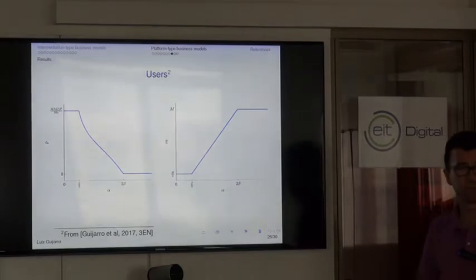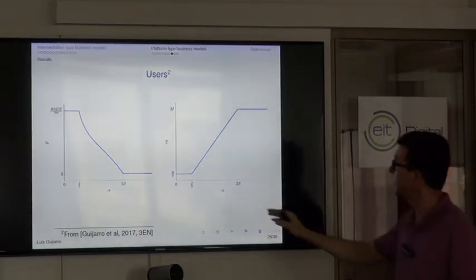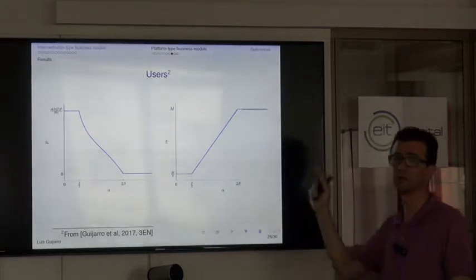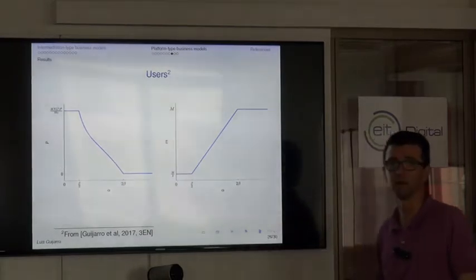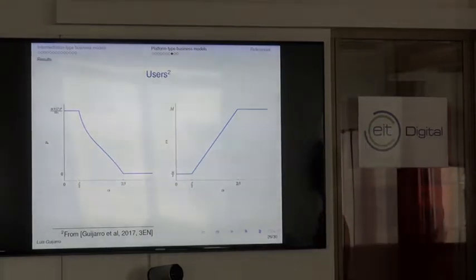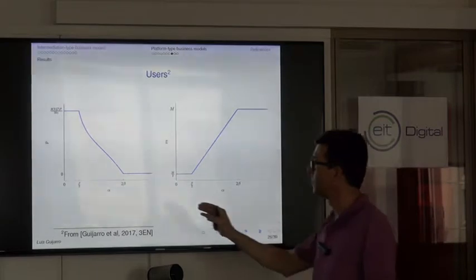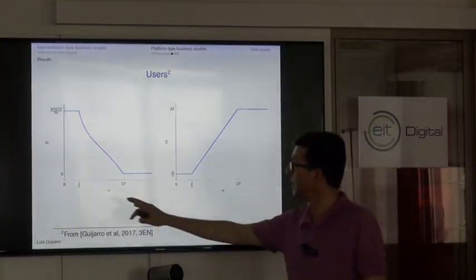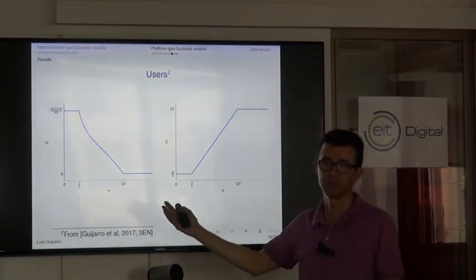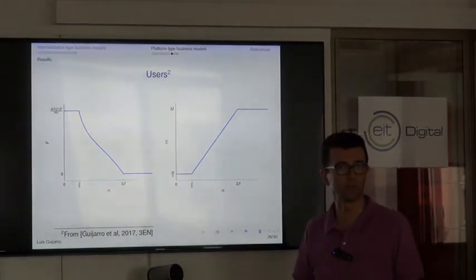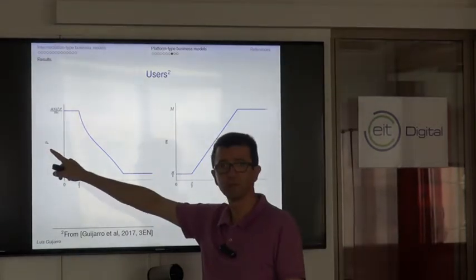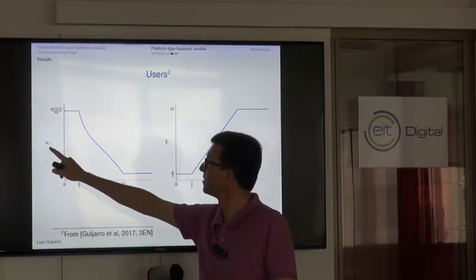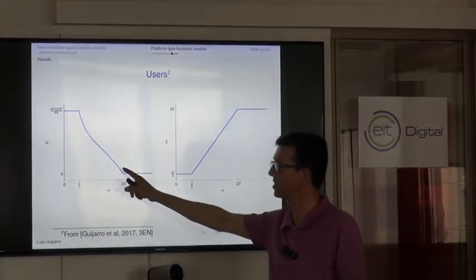I'm just showing you the profit maximizing fees P, D, and F, and the mean number of subscribers, registered developers, and connected networks as a function of alpha, which you might remember is the value that the advertisers attach to the users. And what we see here is the following. As alpha increases, that is, as the users are more valuable to the advertiser, the platform decreases the price charged to the users.